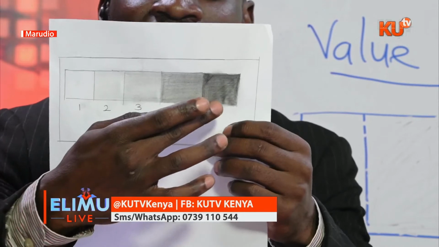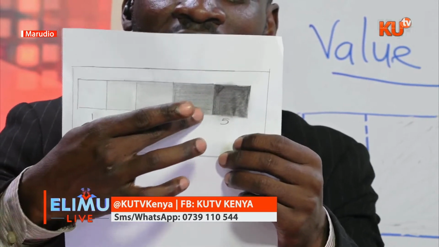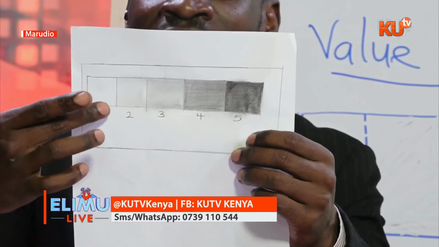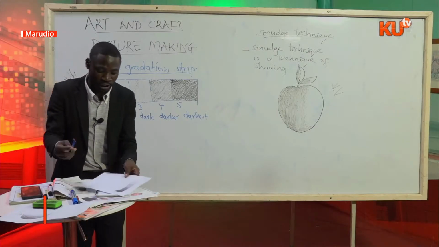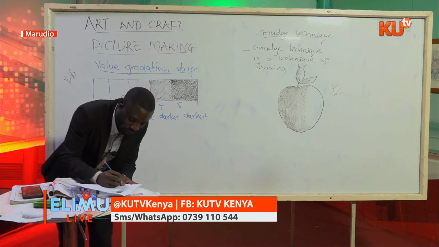So this side is dark, the darkest. Then we have darker, we have dark, we have light and lighter. We are going to label them the way we did with the one on the chalkboard.